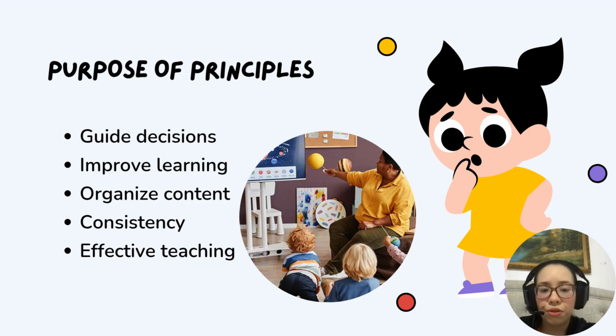Another important idea is that principles help to improve learning because everything in the course has a clear purpose. Also, they create consistency, meaning that the course follows a clear direction instead of being random. Without principles, teaching could become disorganized. So basically, principles help to make the course more effective and structured for both teachers and students.